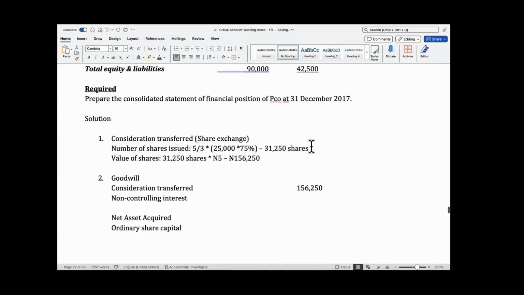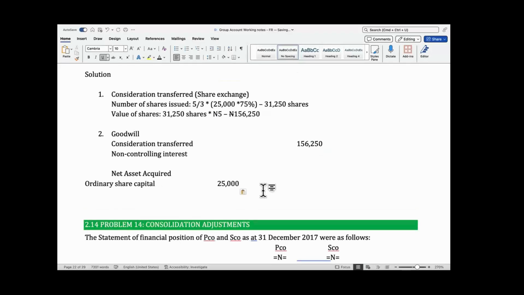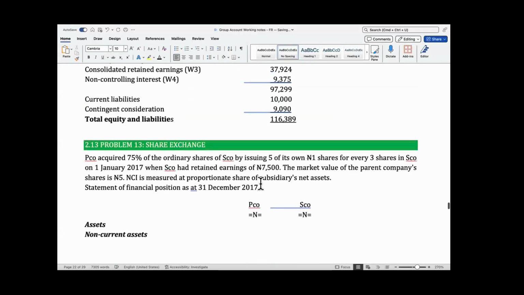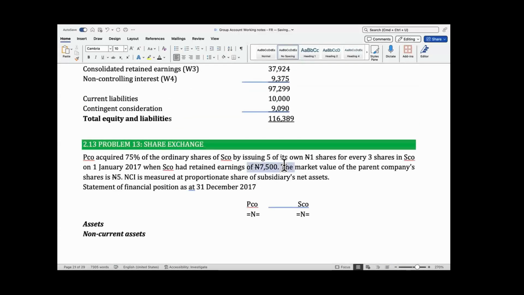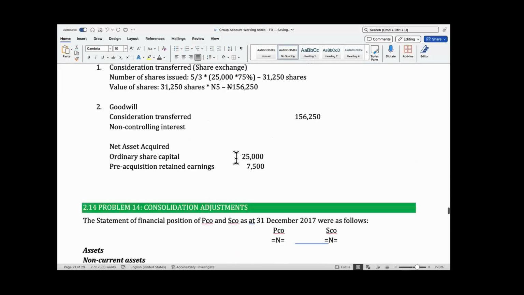It's 25,000. Then the pre-acquisition retained earnings of the subsidiary, 7,500.